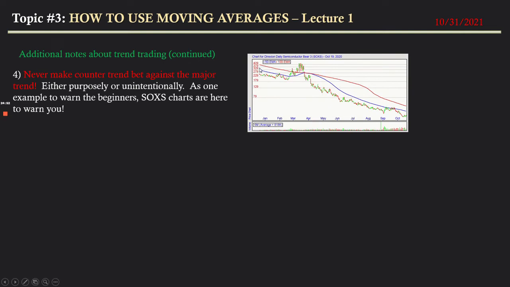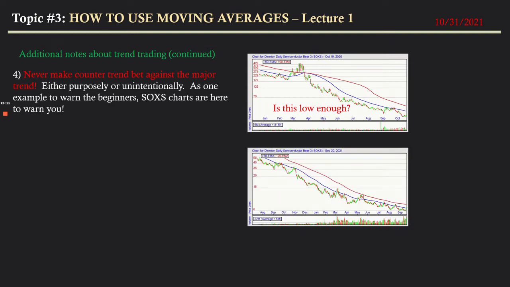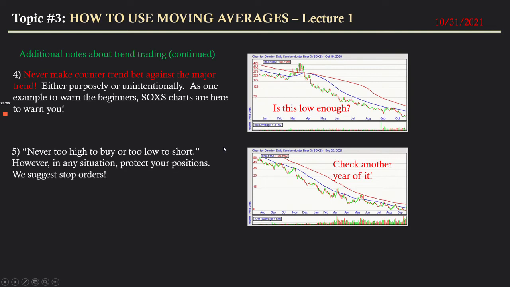You look at this chart, it goes from like 200, 300, and 400, and going down to the 50s, and you think it's low enough. But you have to think again, because it can go down the next whole year, down to $6. So just remember this chart, this is a big warning.